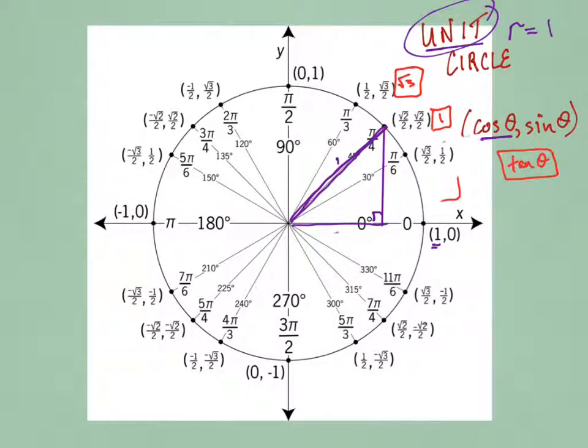And then if you remember, it's 1 divided by the square root of 2 is how you find these sides. So this is root 2 over 2, and so is this, root 2 over 2. So your point is root 2 over 2 comma root 2 over 2, which means what's the cosine of 45? It's that. And what's the sine of 45? It's that. And you can do that for everything.